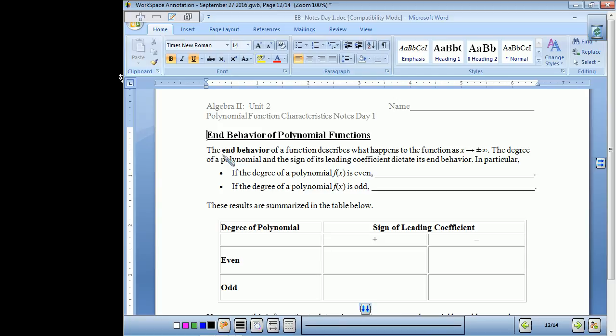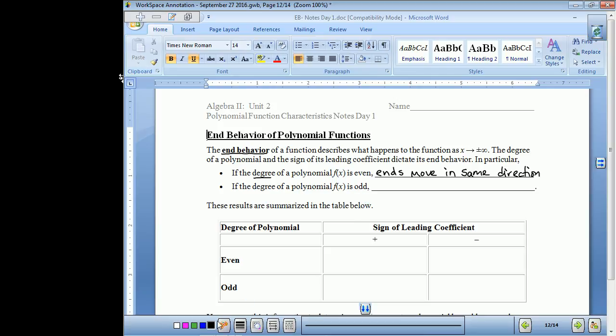Now, when we look at end behavior, we're looking at two things, the leading coefficient and the degree of the polynomial. So if the degree of the polynomial is even, then the ends move in the same direction. So they're either both rising or they're both falling.